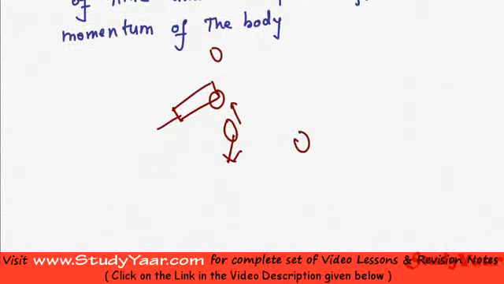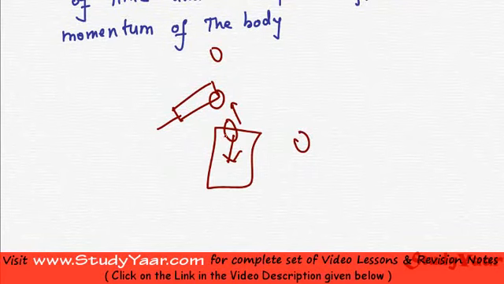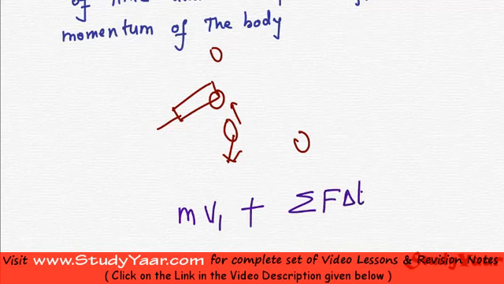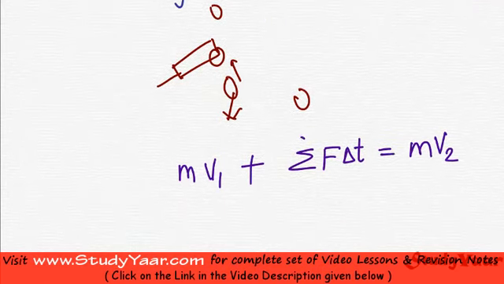So if I could neglect the impulse of gravity and other such forces, what I get is basically this. I would have mv1 plus sigma F delta t is equal to mv2, where sigma F delta t is equal to the sum of all impulsive forces into the time that they act for.